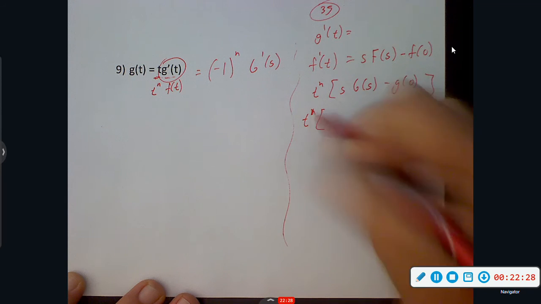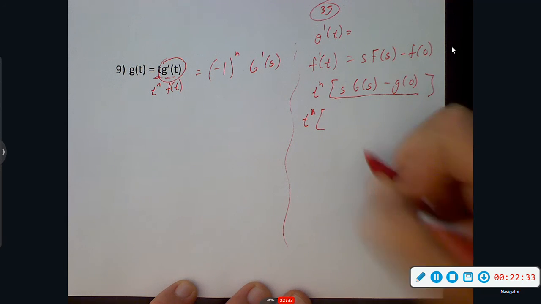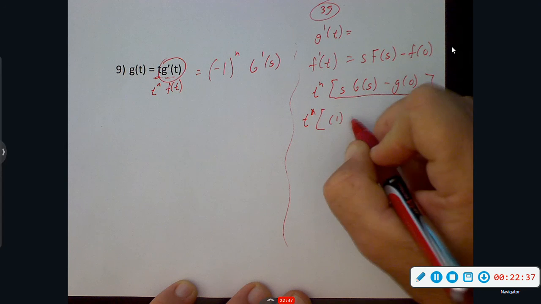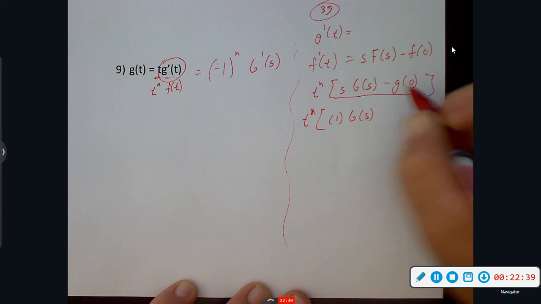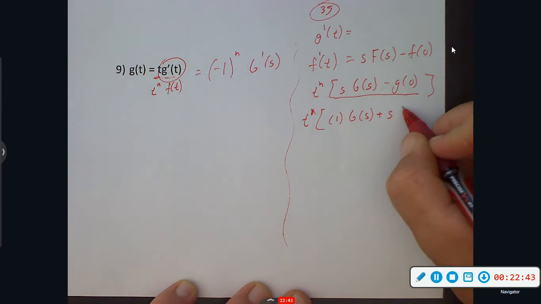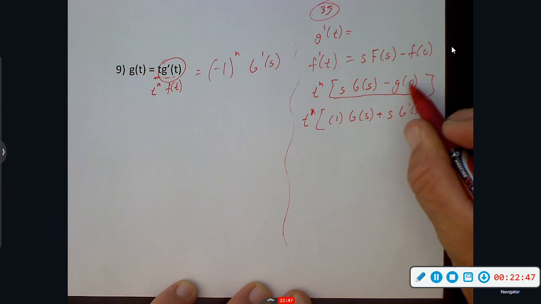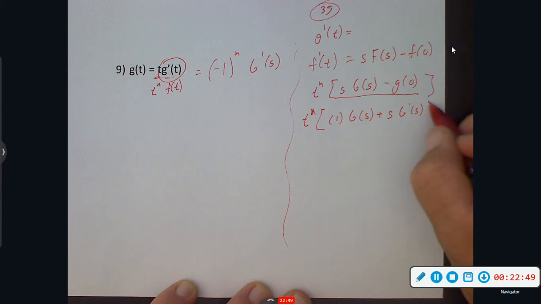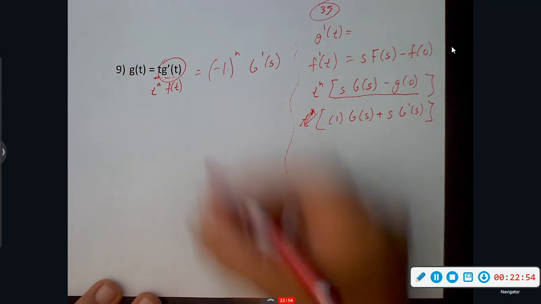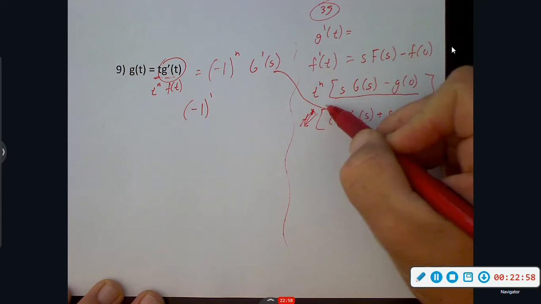This is t to the first power. Taking the derivative of this, product rule. Derivative of s is 1 times G of s plus s, and then it's going to be G prime of s. And that is just a value goes to 0. So this is everything. This is what it turns into. This is g prime of s.